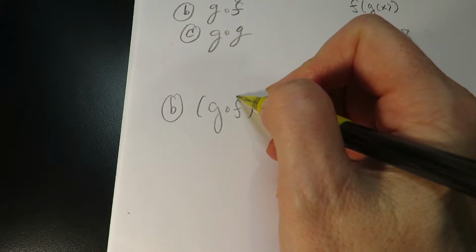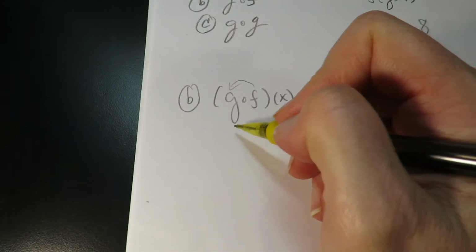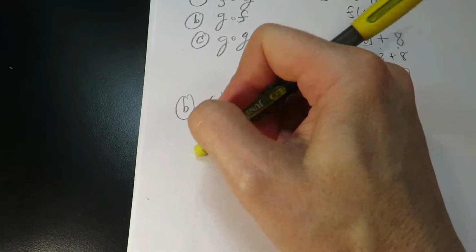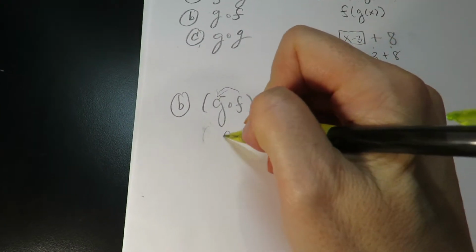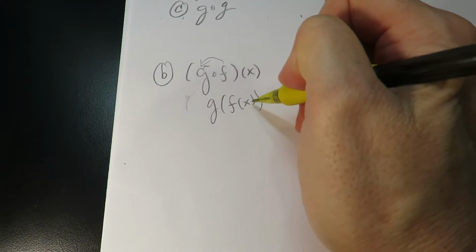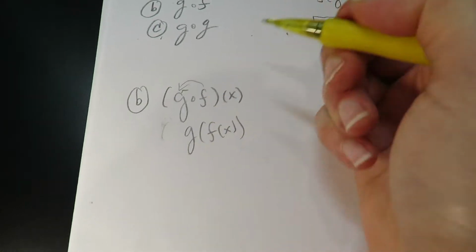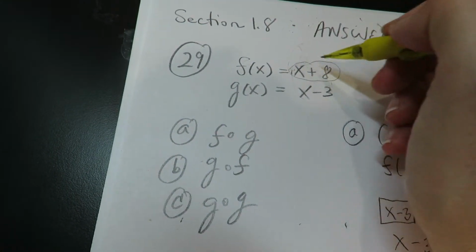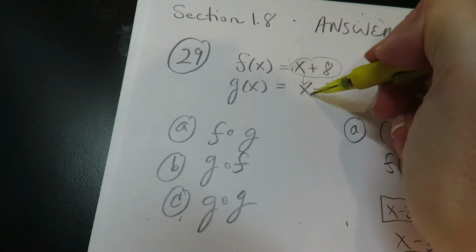So remember, the one on the right always gets stuffed into the one on the left. So if I take it out of this form, it's G composite F of X, meaning that F is getting substituted into G. It's getting stuffed in there. All right, so here's all of F. We're going to shove it into G where the X is.